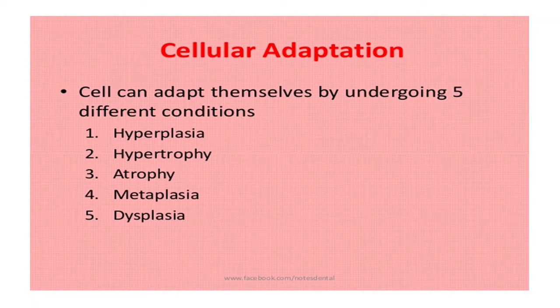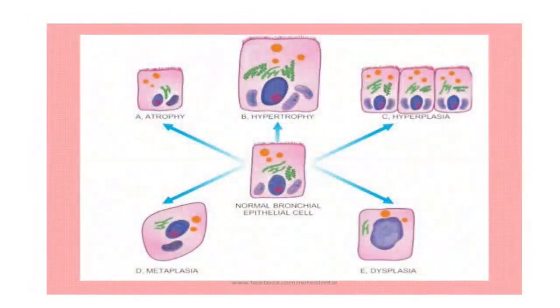A cell may go through any of these processes, or sometimes they can even pick a number of these processes. Let's say 2 of these processes, 3 of these processes, in any form they wish, to be able to escape the injury. That is what they do. Most of the time, hyperplasia goes hand in hand with hypertrophy. So we'll be explaining them one after the other.